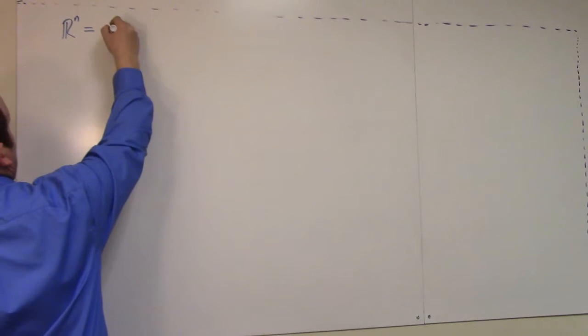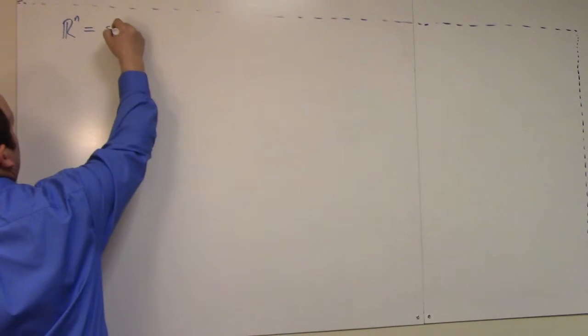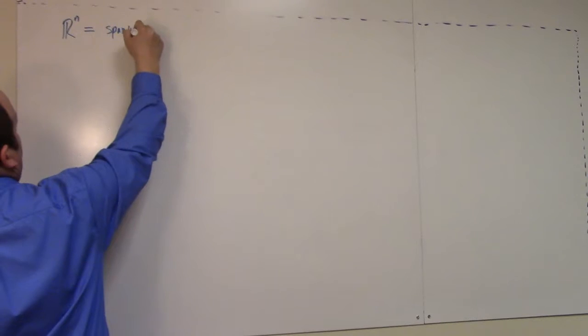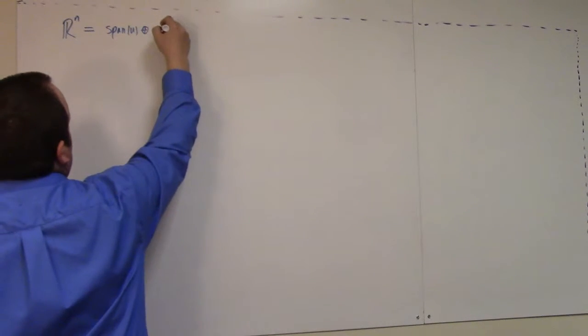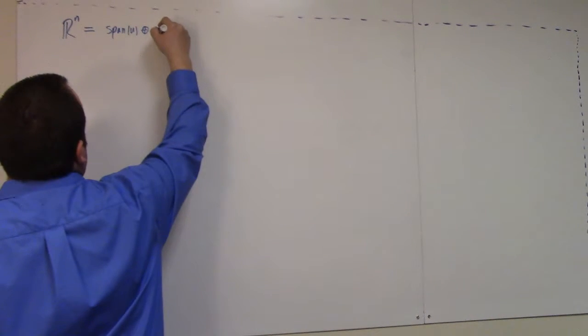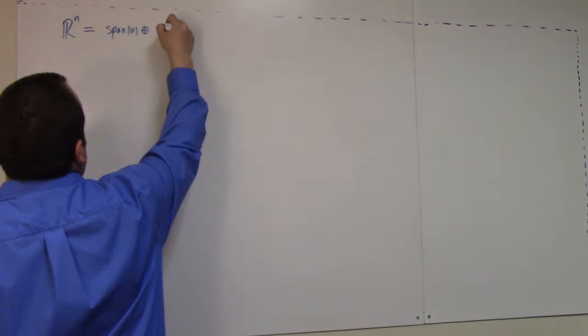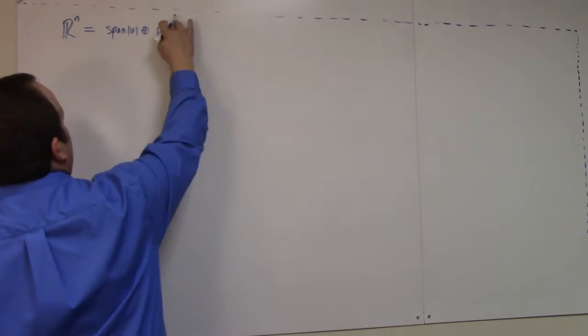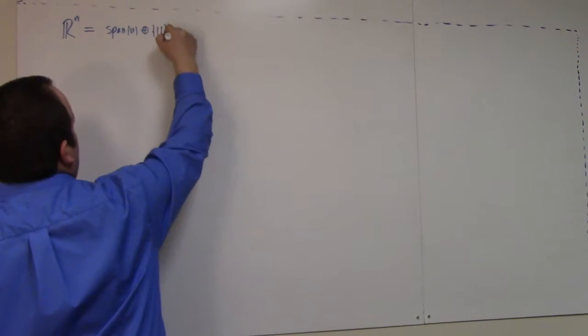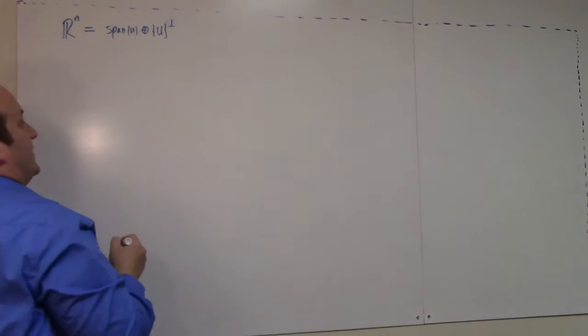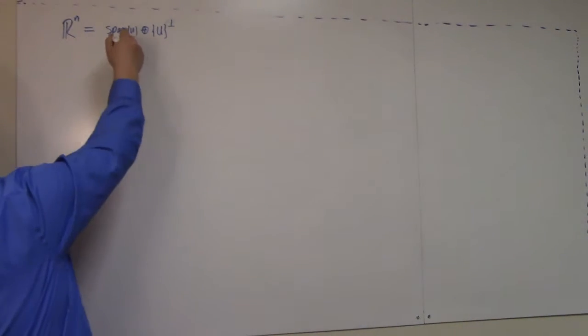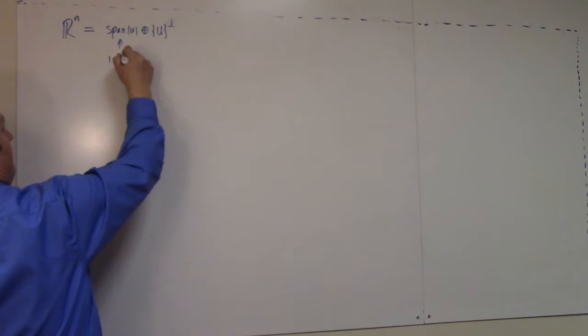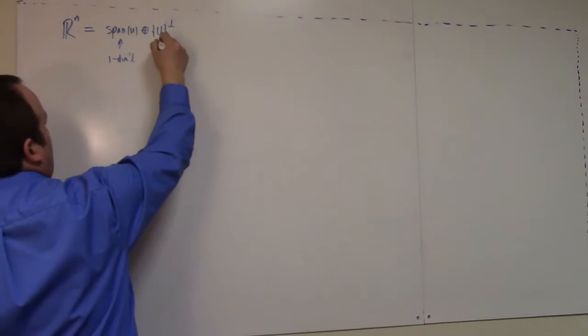It's something like the span of U direct sum with what we usually call, for brevity's sake, I can just call it U perp. I guess technically in linear algebra you have to put the set there, but you know what I mean. So this is 1 dimensional, and this is n minus 1 dimensional.